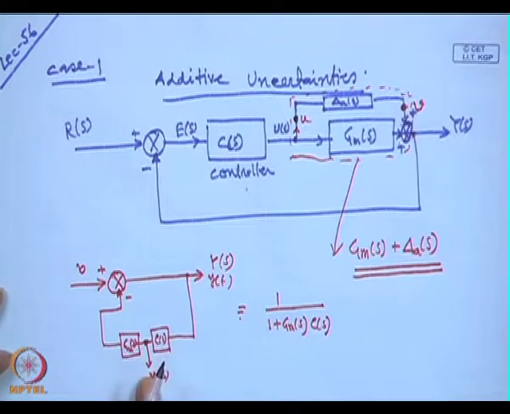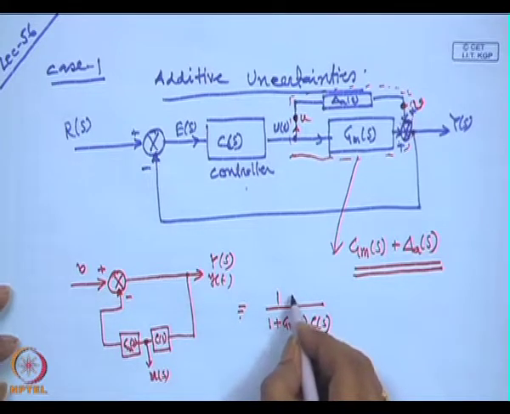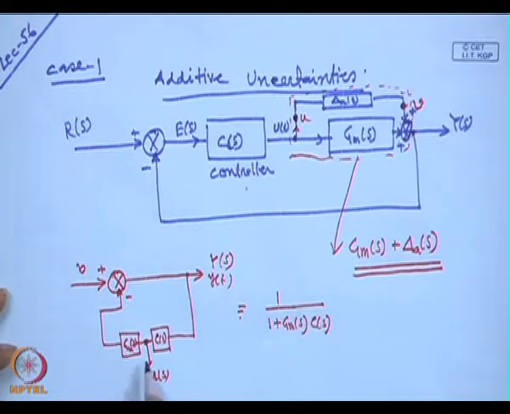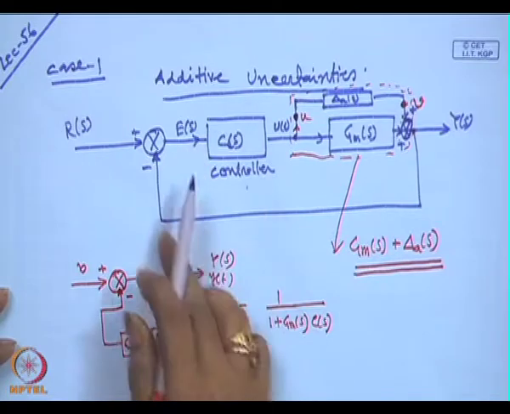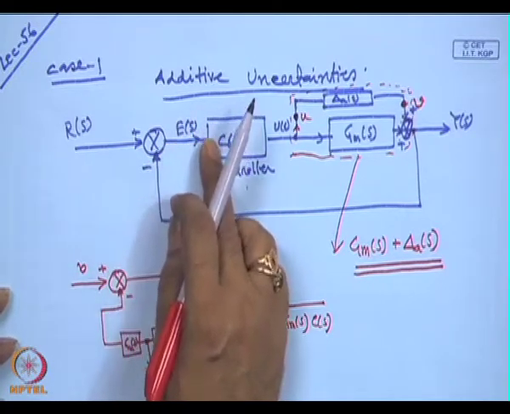Then I need this signal U of S, multiplied by C of S, and what is the C of S? If you see this one, the minus sign is there. Again a minus sign, C of S is the output of this.